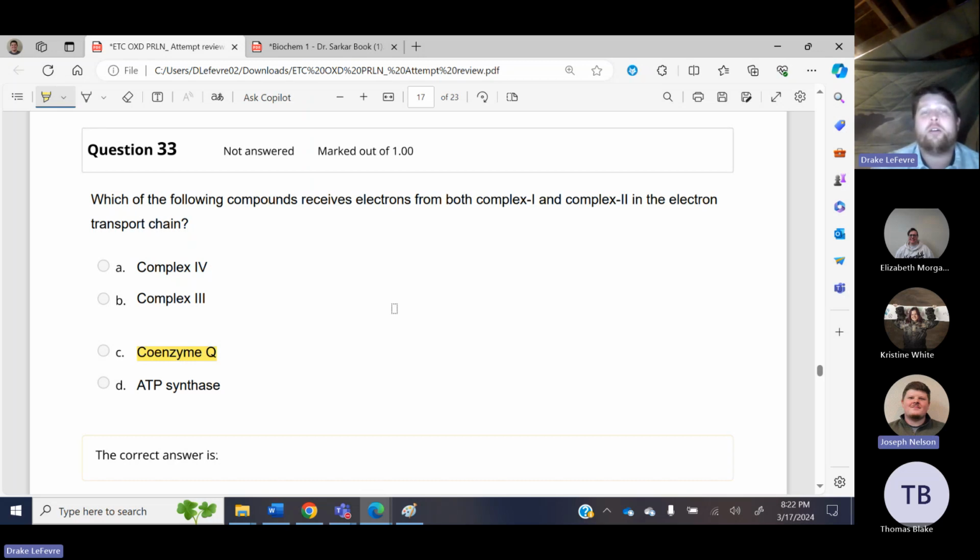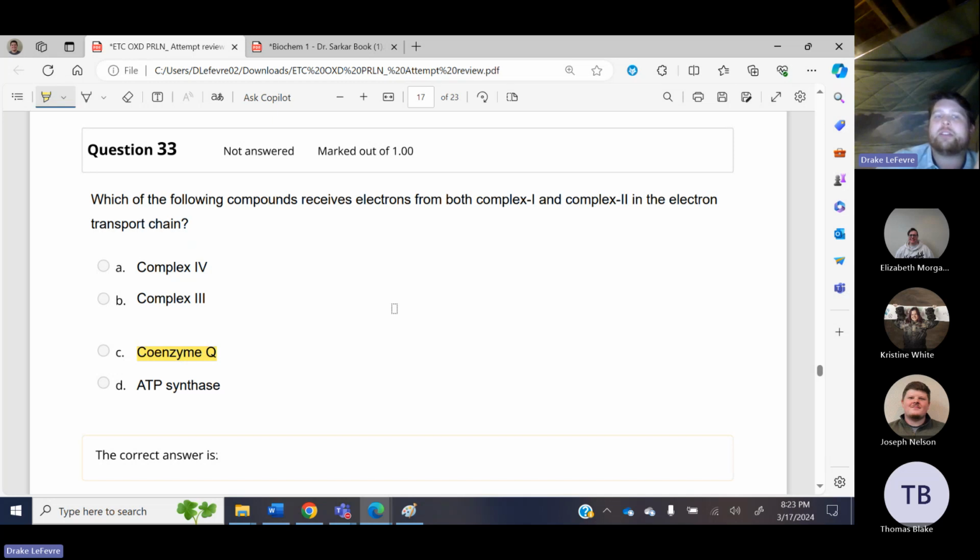If you were clicking through the test really quick, and you clicked complex 3 and moved on, when you meet with Dr. Sarkar or another teacher in a similar situation, that is where you need to look at it and demonstrate your knowledge before the teacher says anything. I would read the question and immediately say to the teacher, "Oh, I see what I did.